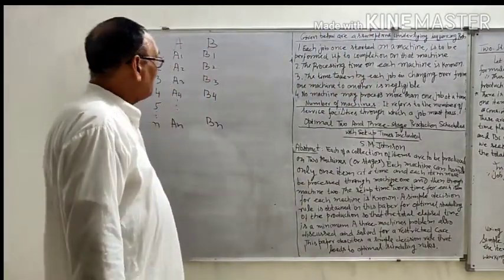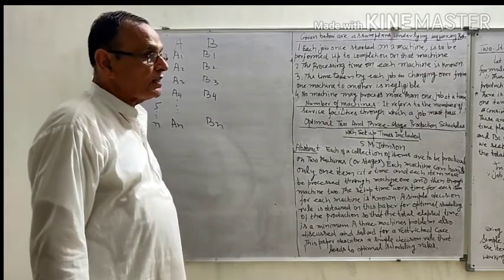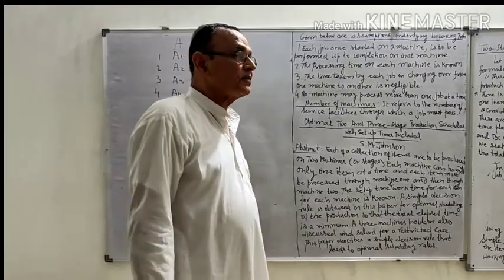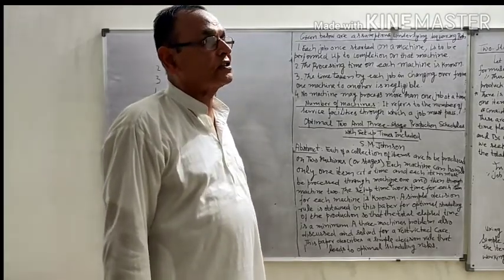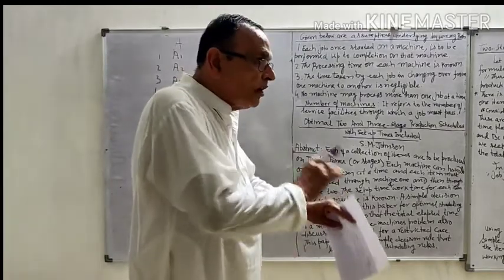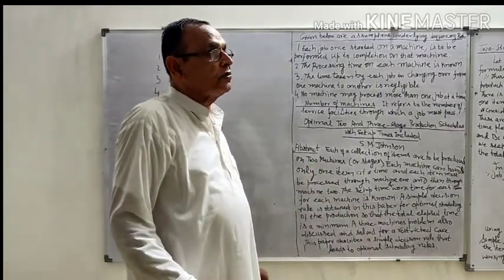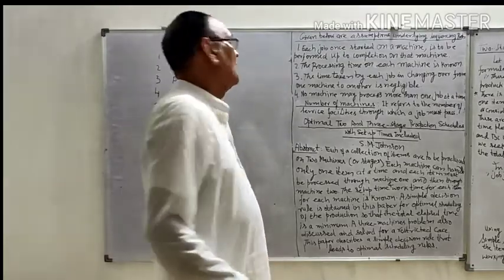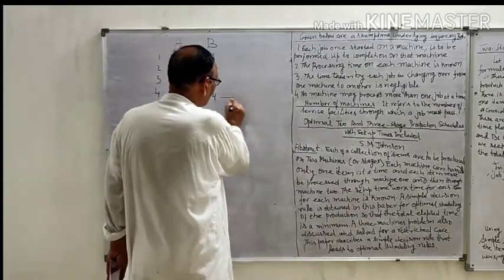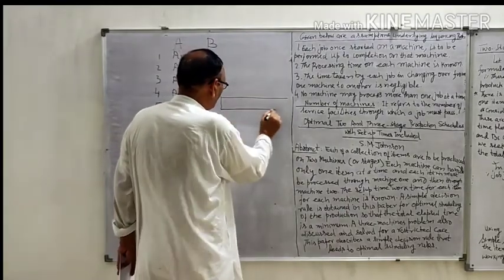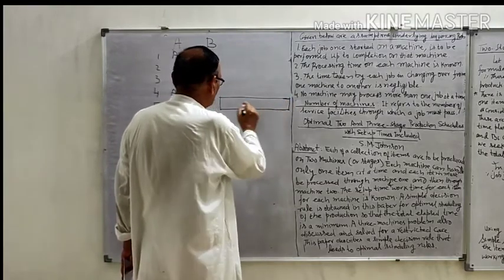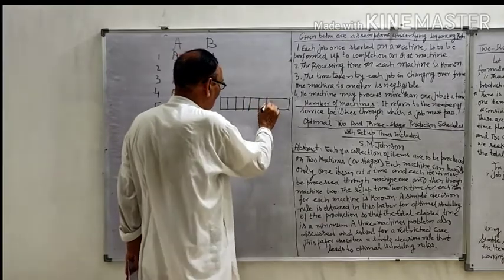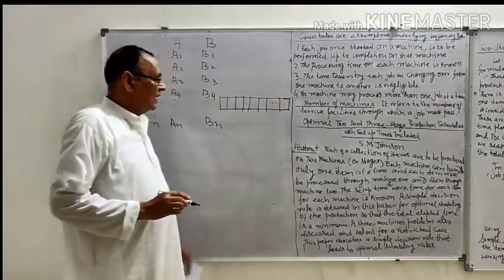It means we have to find the shortest processing time among all processing times on machine A and on machine B. Among all AIs and BIs, we have to select the minimum processing time, and we write a table showing n places and place it.